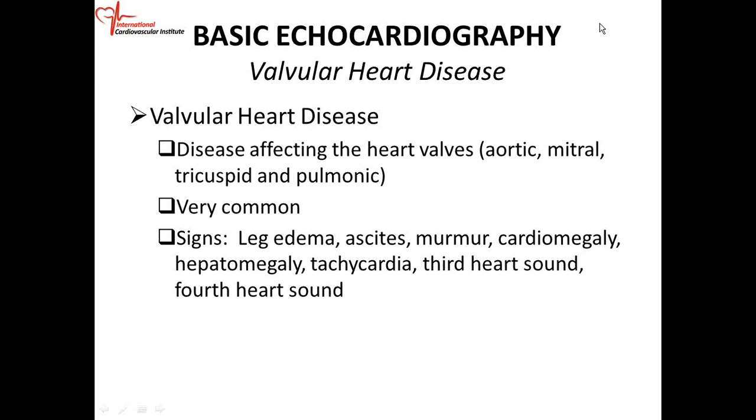Tachycardia, that's increased heart rate, which is another sign of a valvular heart problem, usually decompensated when the patient is not doing very well. And you can get a third heart sound and a fourth heart sound. We'll discuss those another time.